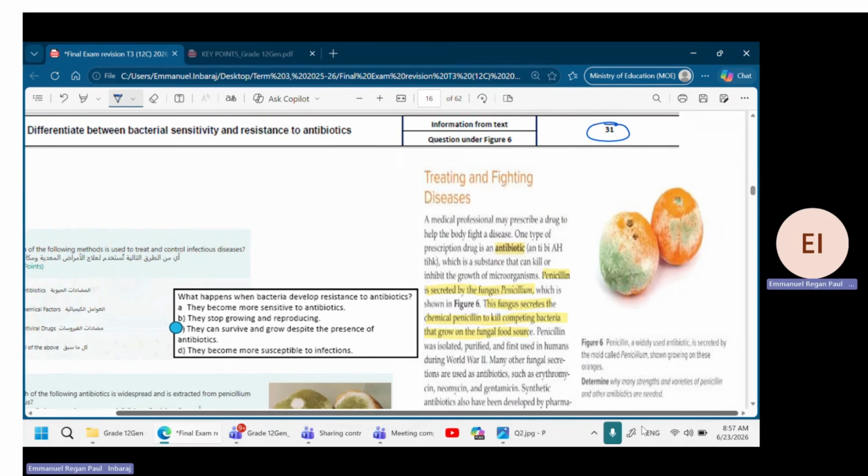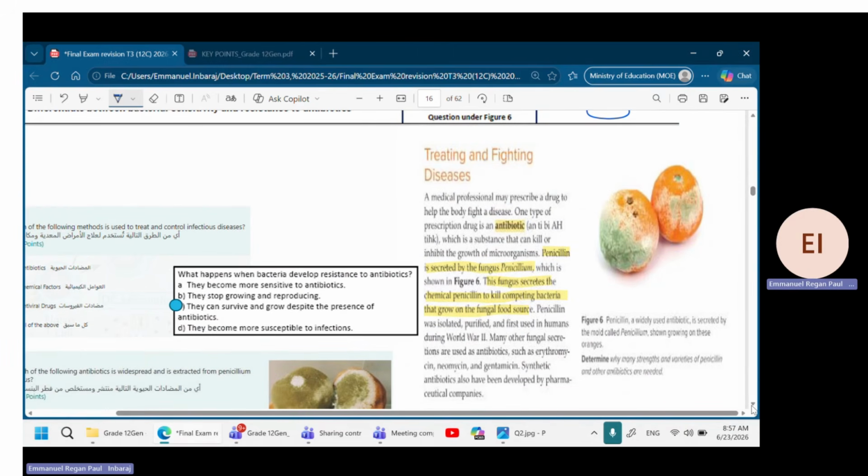See, this picture will be there in the exam. They will give you this picture. So what is this picture? This is a fruit. Penicillin is a widely used antibiotic and it is secreted by a mold called penicillium.